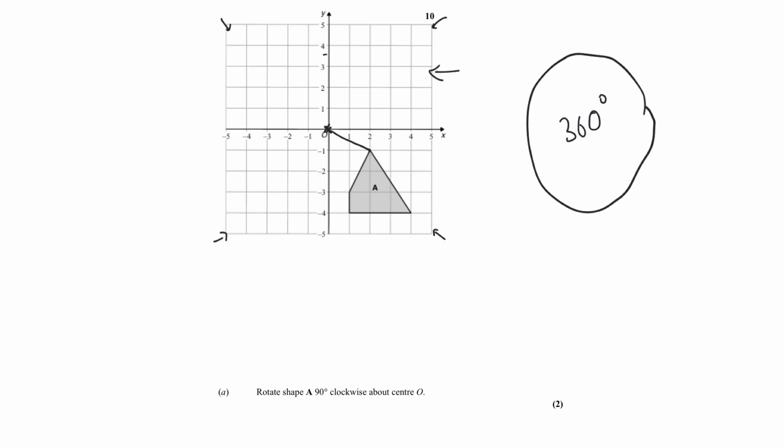Now, because we know it's 90 degrees, if you were to now go clockwise 90 degrees, it would end up there because remember, it has a 90 degrees angle. So then that point would end up there. This point is 3 there, so that would end up here. This point is 4 there.